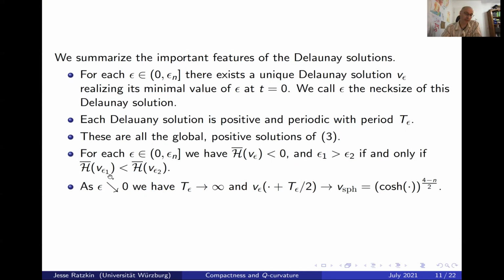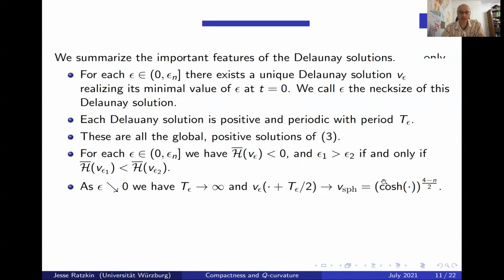And finally, when epsilon goes down to 0, we know that the period goes to infinity. And when I translate the Delaunay solutions appropriately, I find the spherical solution.